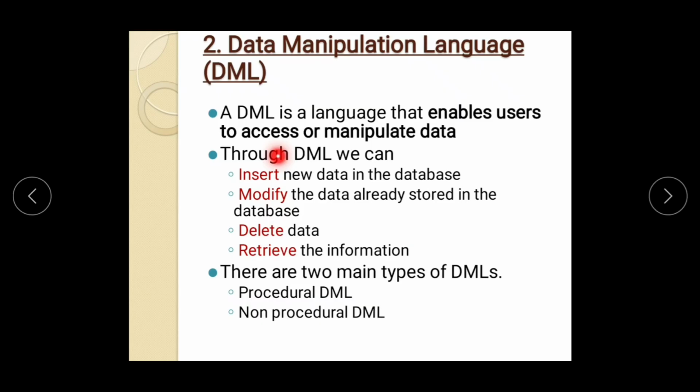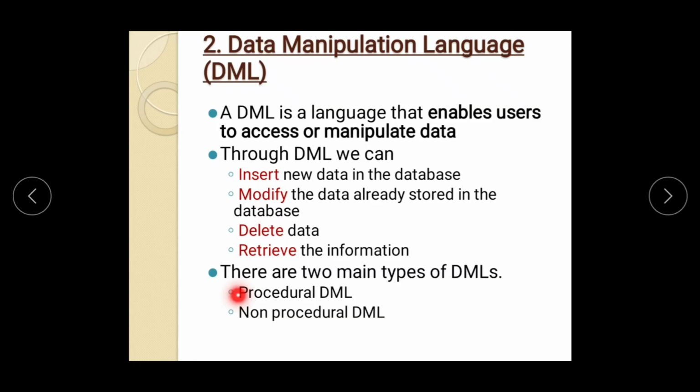For example, we want to retrieve the name of the student who scored the highest marks in the first series. That is a query, and using a query we can retrieve that information. So these are the operations we can perform using DML: insert data, modify data, delete data, and retrieve information.